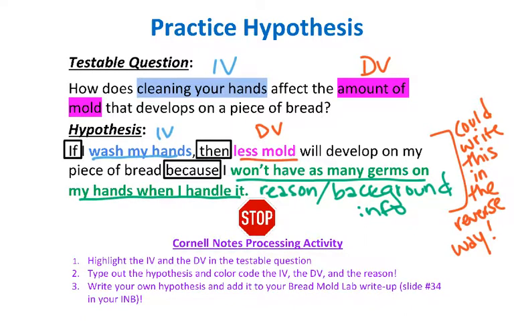And I would like you to write your own hypothesis for the bread mold lab and add that to slide number 34 where it says hypothesis. Okay? If you want to use my hypothesis, you can, but I think it would be good practice if you tried to write your own. All right? So go ahead and pause the video and do that, and then there's one more activity that you're going to do, so make sure to come back to the video when you're done with that.